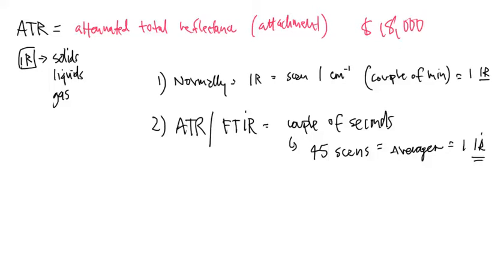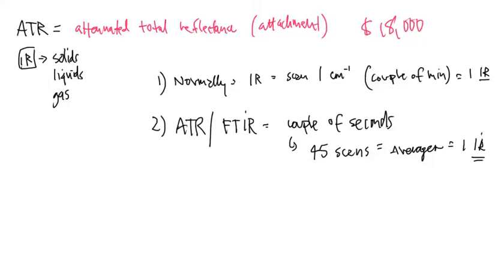My job is much easier as an analyst. Not only that, but I'm getting multiple infrared scans, each one taking a matter of seconds, and the machine is averaging those together and giving me a spectrum on the computer screen.